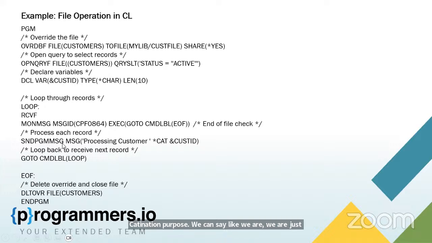In this way we retrieve the customer ID values, and whatever customer IDs are present in the file, it will show them one by one, line by line, until the end of file. Once the end of file is reached, the override is finished and will be deleted, and the program ends.